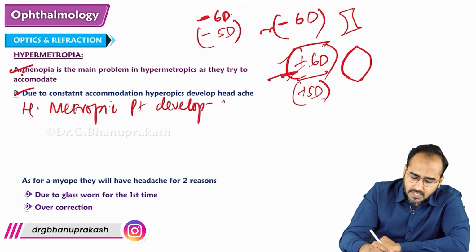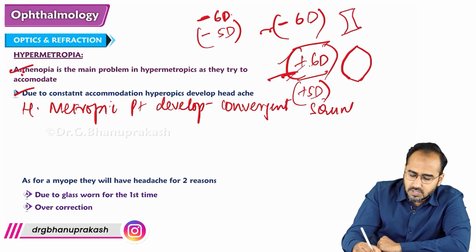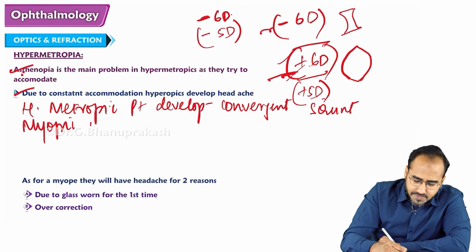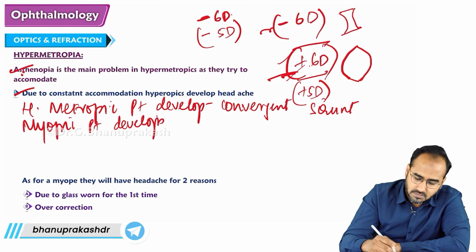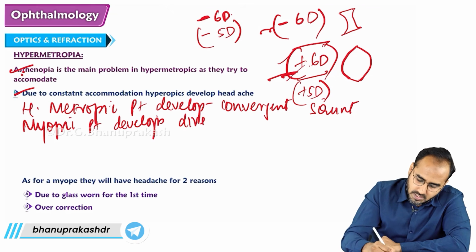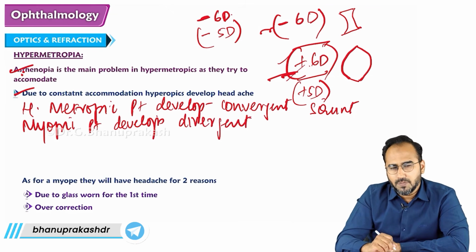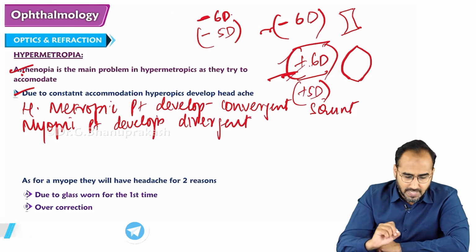They develop convergent squint. Whereas a myopic patient develops divergent squint, right?